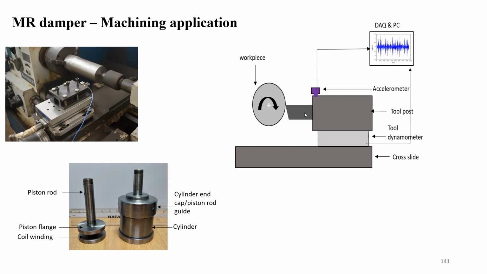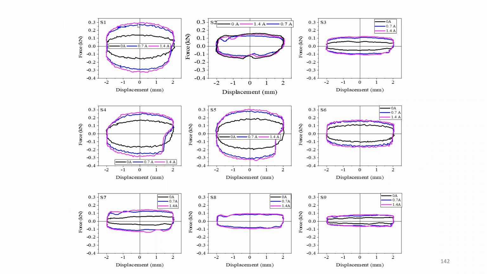You make a cavity in the tool, making sure the tool strength is not reduced, and you put a current coil here, with a small current, and you see how this vibration can be reduced. Such work, people who are interested can do and give it to their MTech and BTech classes.